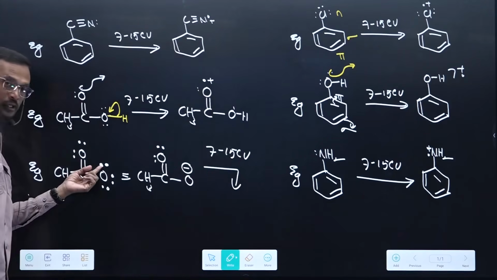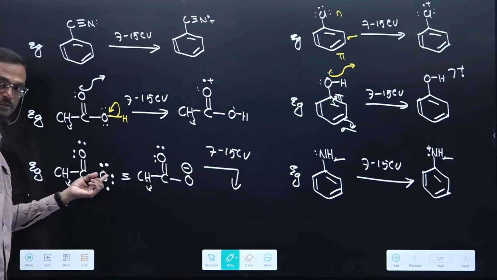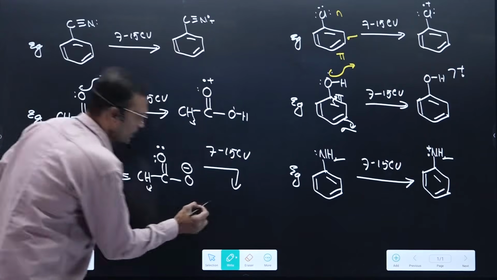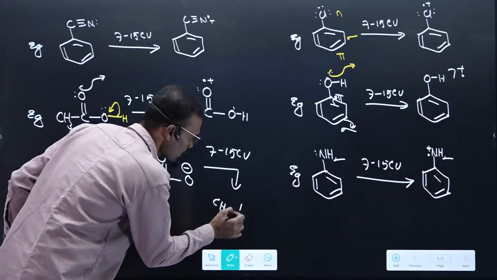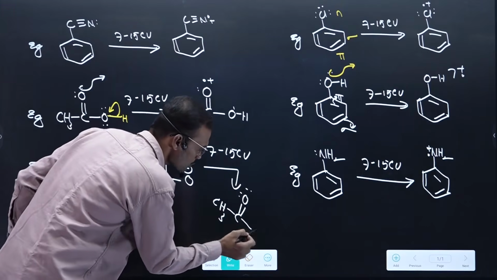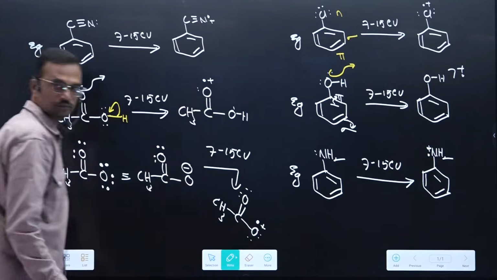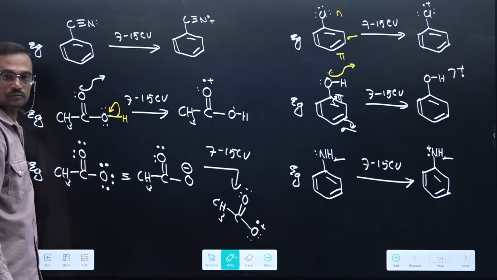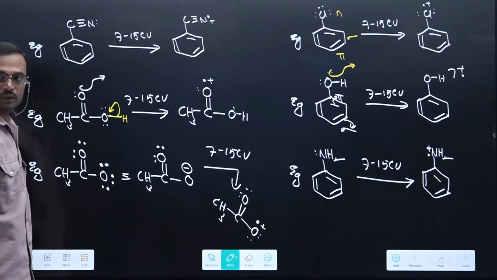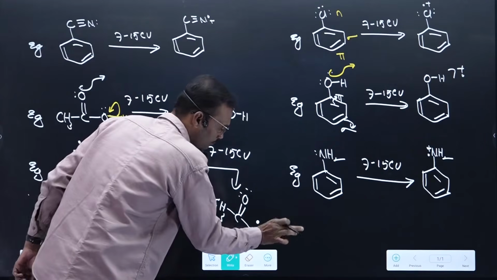Can I remove an electron from here? How many lone pairs are present here? 3 lone pairs. If 3 lone pairs are present, now I am writing the double bond. This lone pair I am not disturbing. This lone pair is available. This is the radical and this is the cation. Clear? Like that we should write.